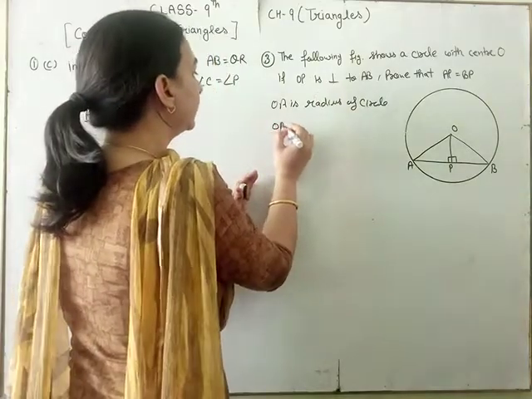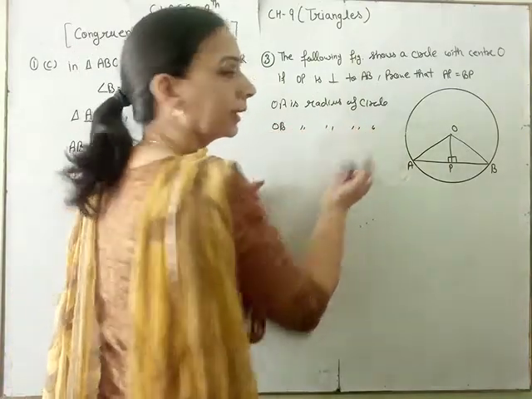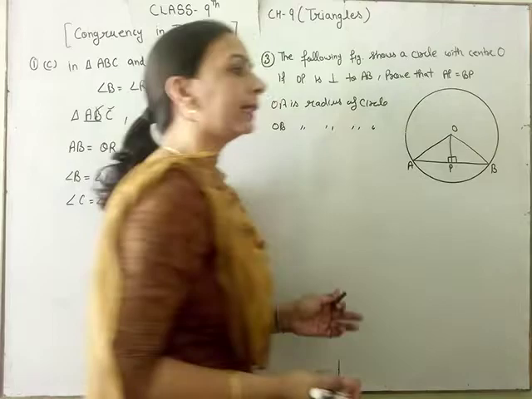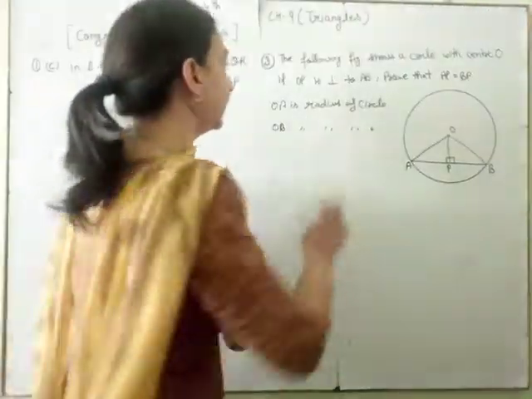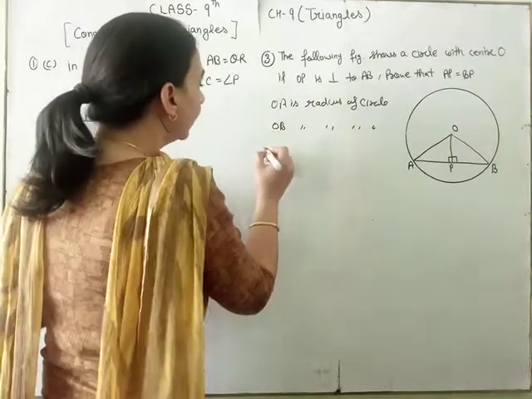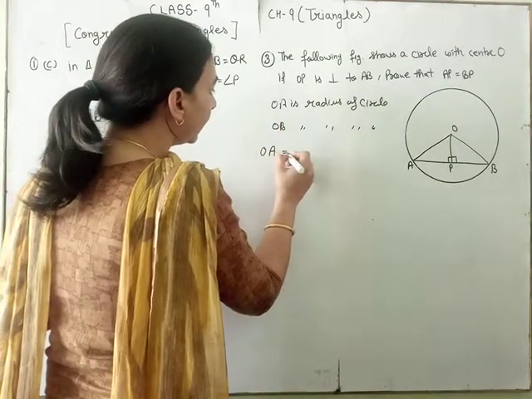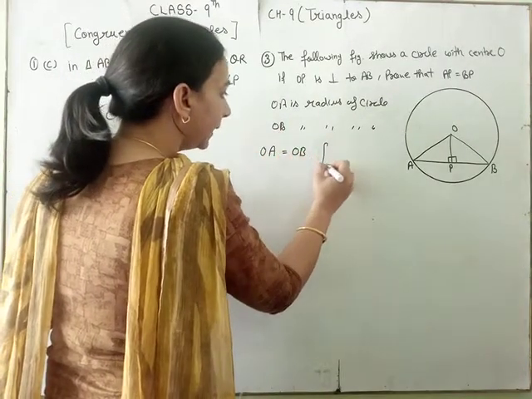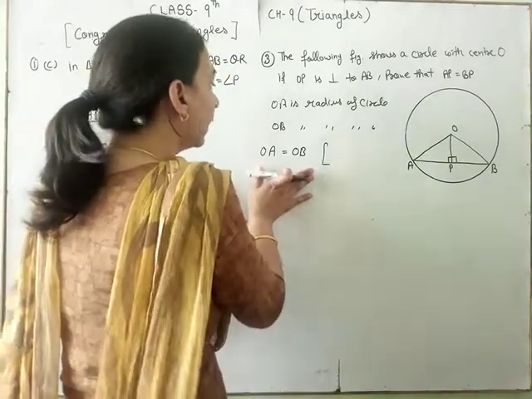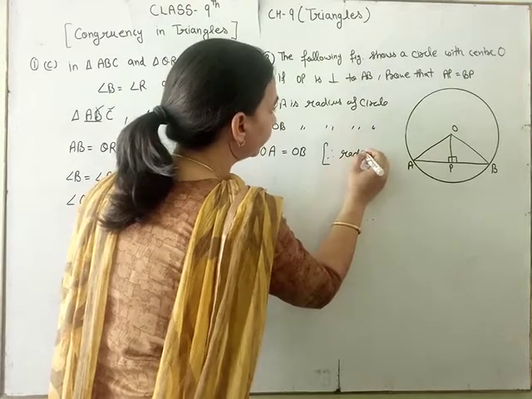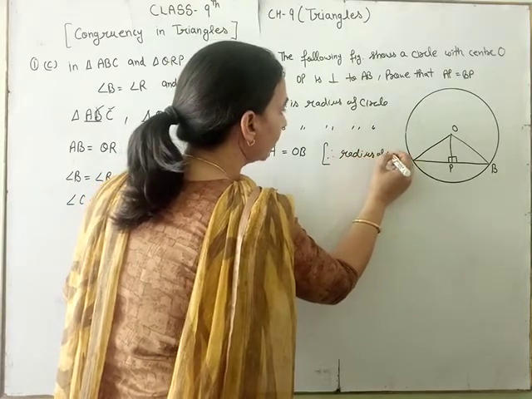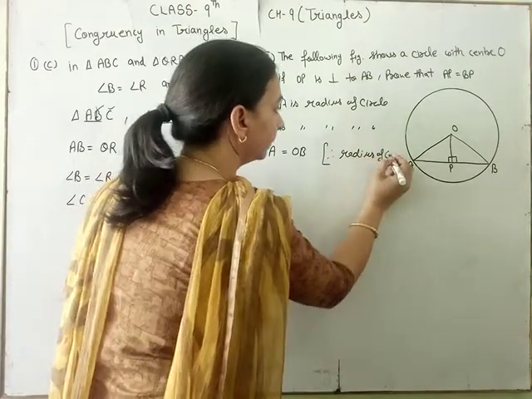OB is a radius of the circle. And in a circle there are infinite radii and all are equal in length. Then radii equal, so we write OA equal to OB, because these are the radii of the circle.